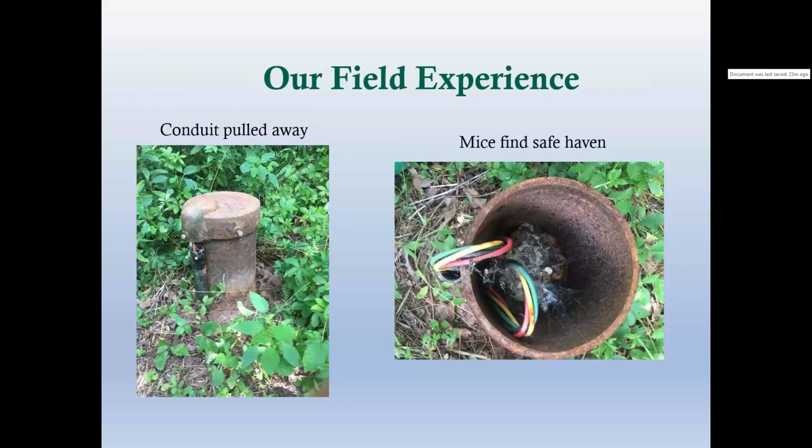This next photo is a drilled well where the conduit had pulled away from the cover, exposing the electrical wires. It also has an old cover that does not provide a sanitary seal. And on the photo on the right with the cap off, it shows where mice decided to make a home inside the well casing. Obviously, these are problems you'd want to have corrected.